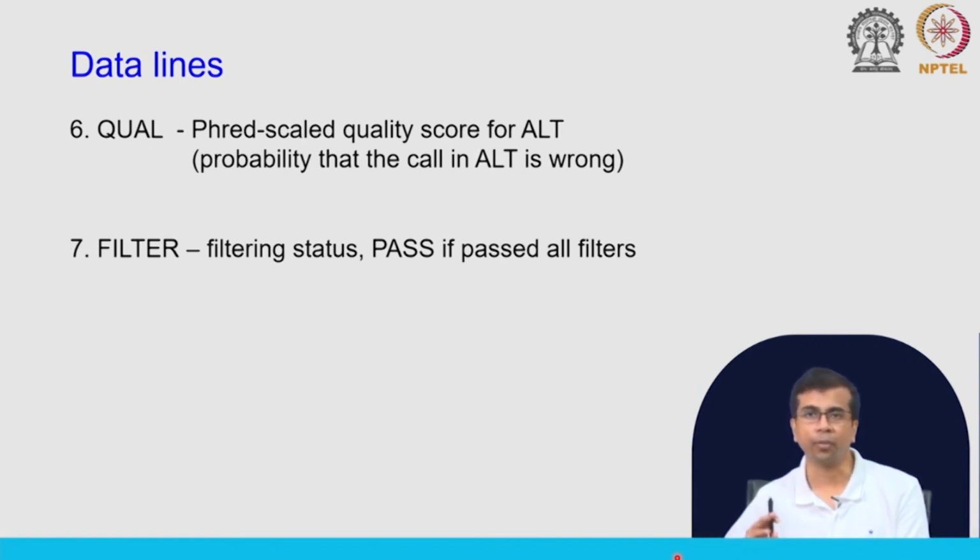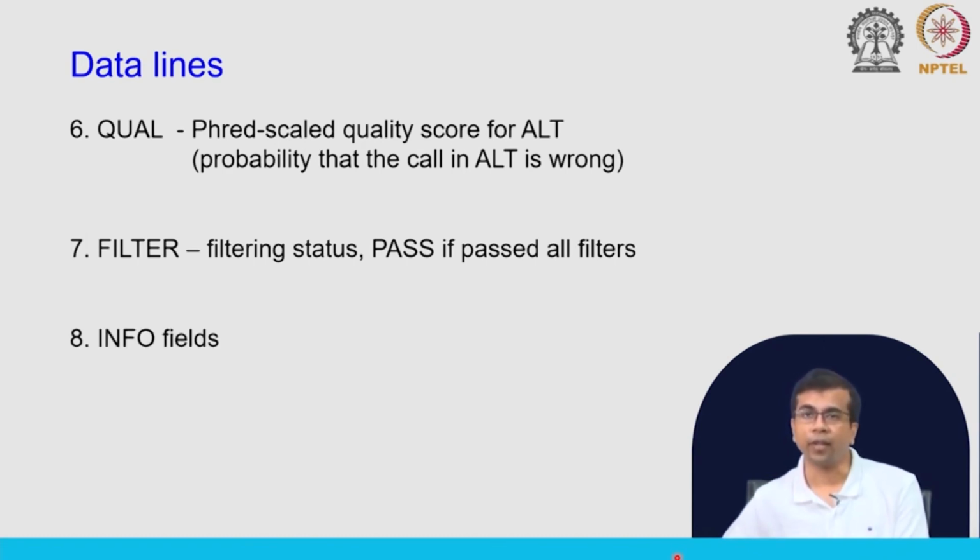We have talked about the different types of filters that you can set when we are doing the variant calling. This field will describe whether the variant passes all filters that have been set, and if there is some filter that the variant does not clear, that will be mentioned.